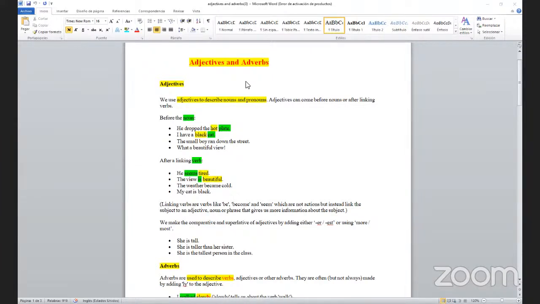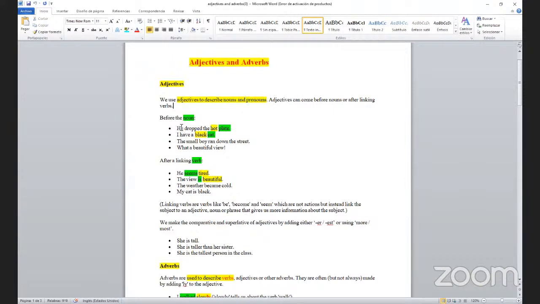Why? Because we use adjectives when we are going to describe a noun or a pronoun. Always we use them to describe a noun or a pronoun.